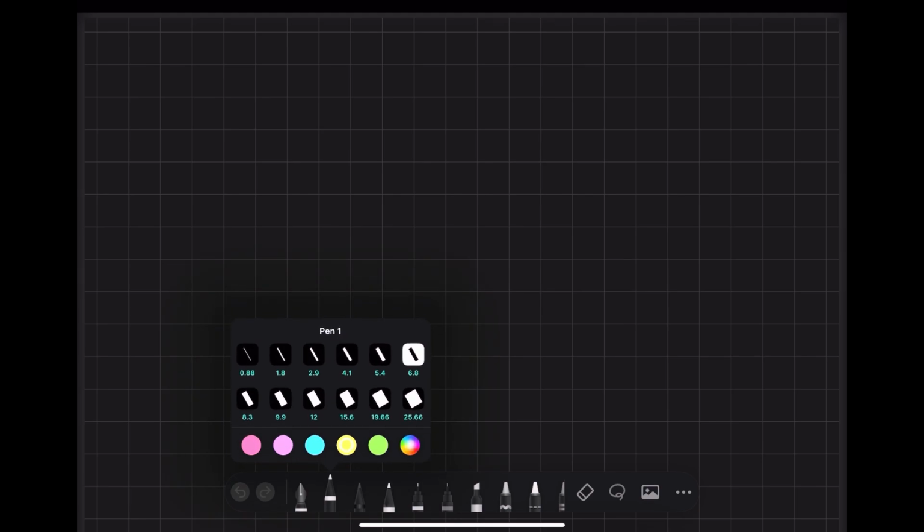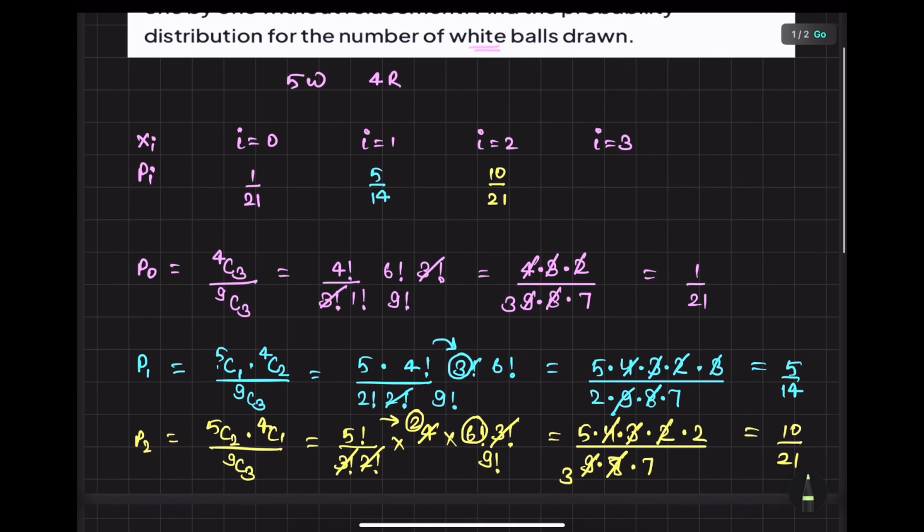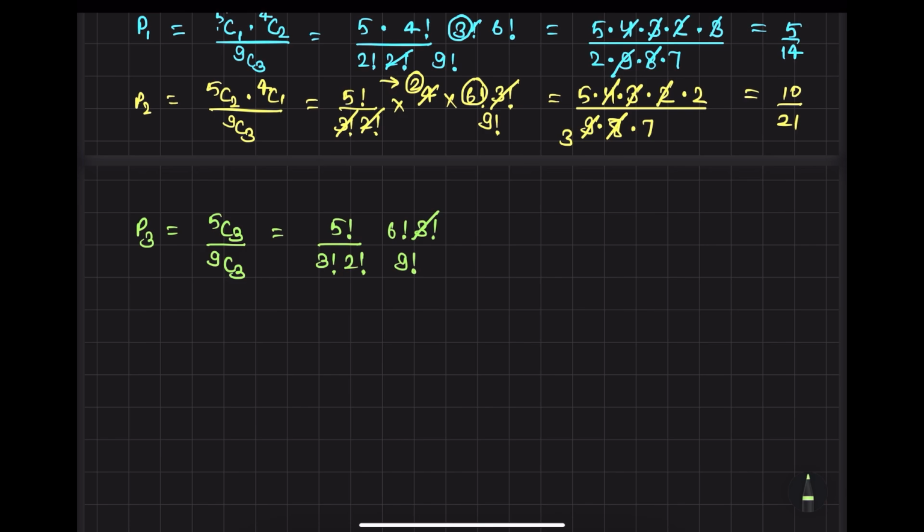Now let's move on to the next part. We have i equal to 3. i equal to 3 means what? All are white. So P3. So it is 5C3 and then we have 9C3. So 5 factorial, 3 factorial, 2 factorial and then 9 factorial, 6 factorial, 3 factorial. So 3 threes gone.